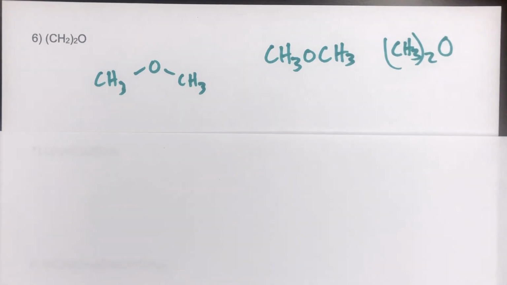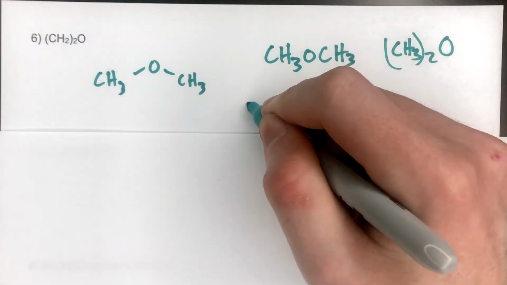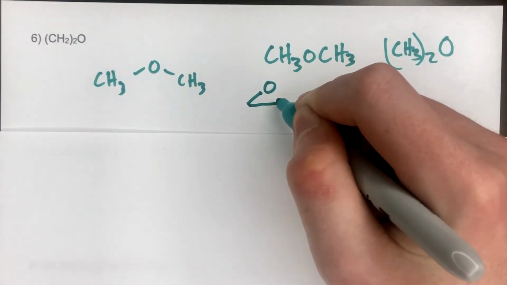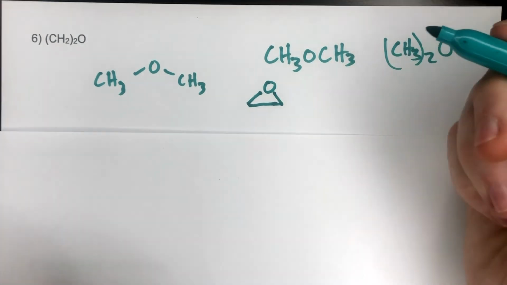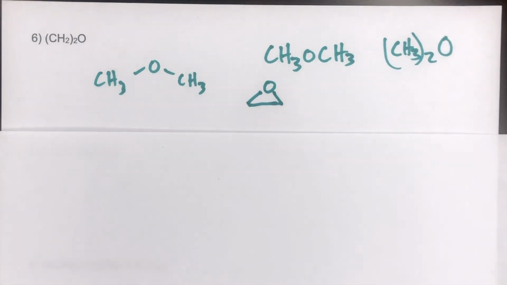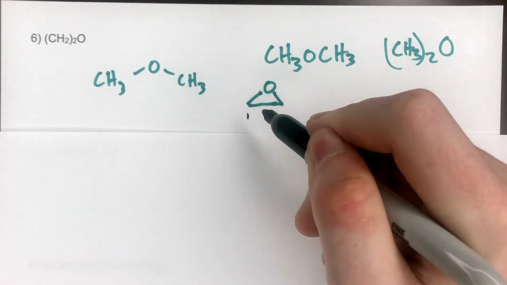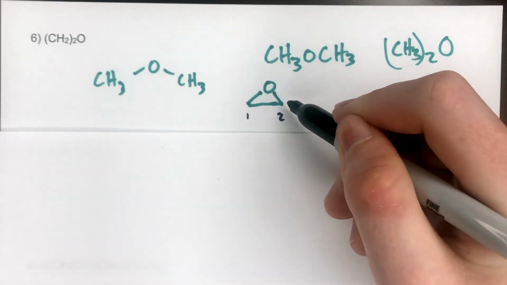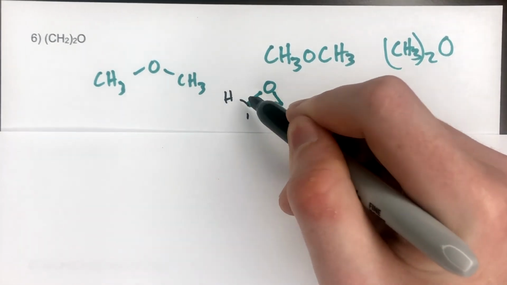add a carbon-carbon bond. So what the answer actually is, is an epoxide, which is a 3-membered ring in which the carbons are bound together. So now if we look at our structures here, this is 1 and 2. Carbon 1 is a CH2 group.